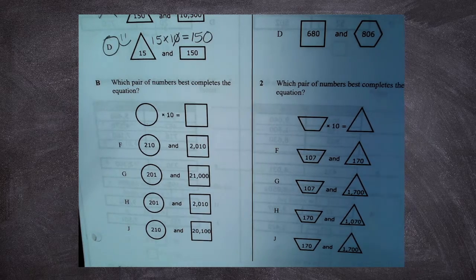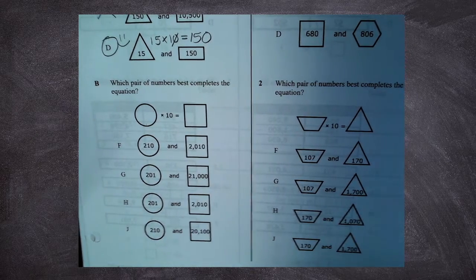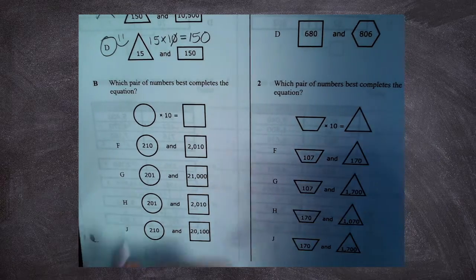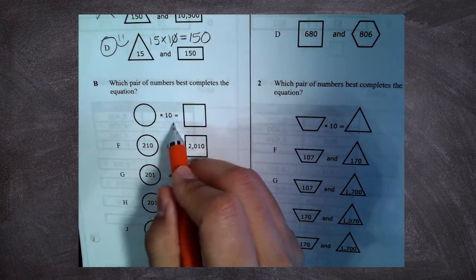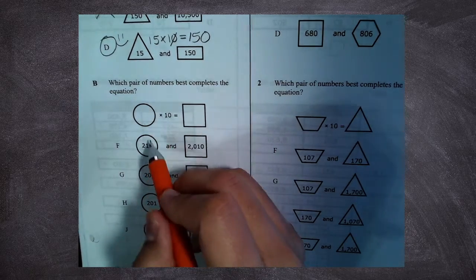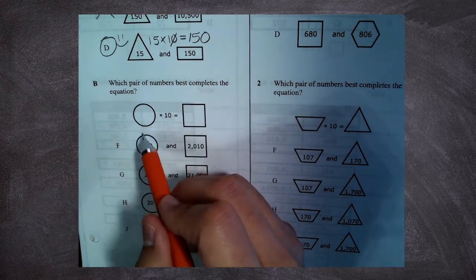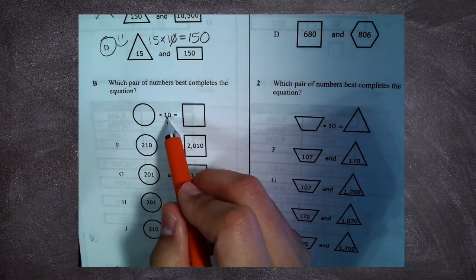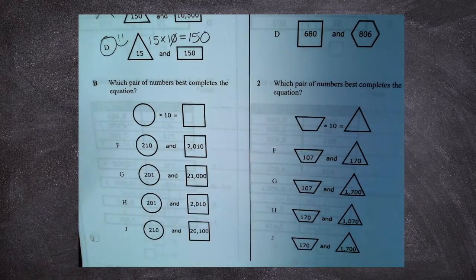That does not change anything. Still solve it the exact same way. Figure out which numbers would actually work and which numbers would not. We're still multiplying times 10. So the only difference this time is that we're going to multiply whatever number's in the circle times 10 and see if we get the number in the square.